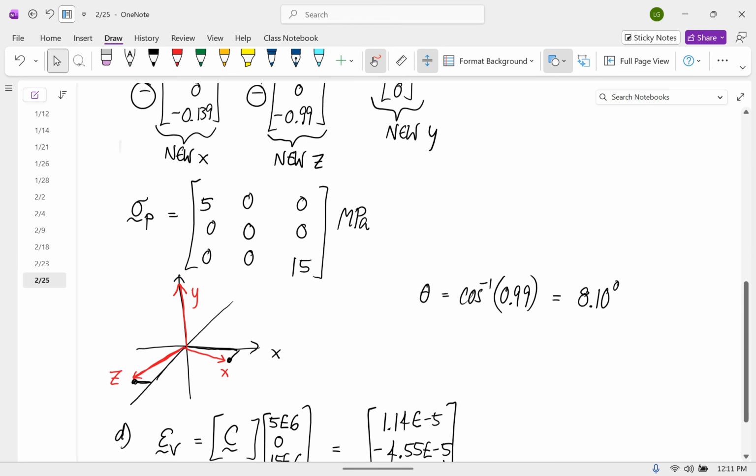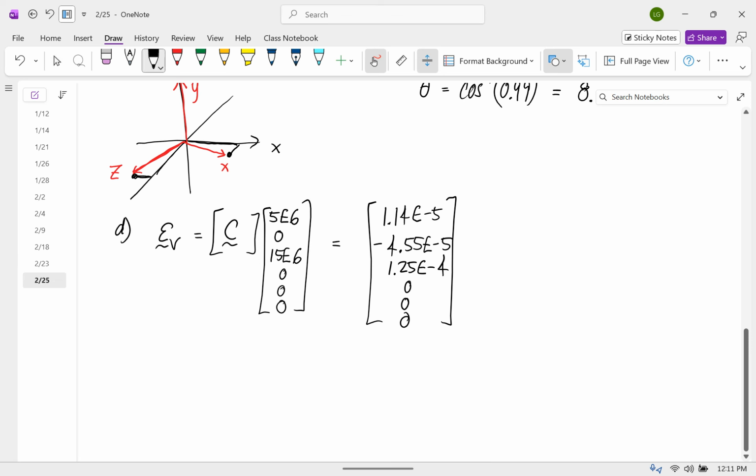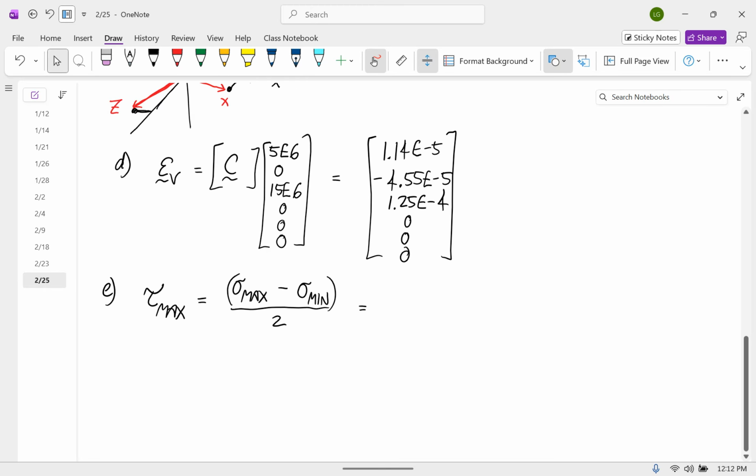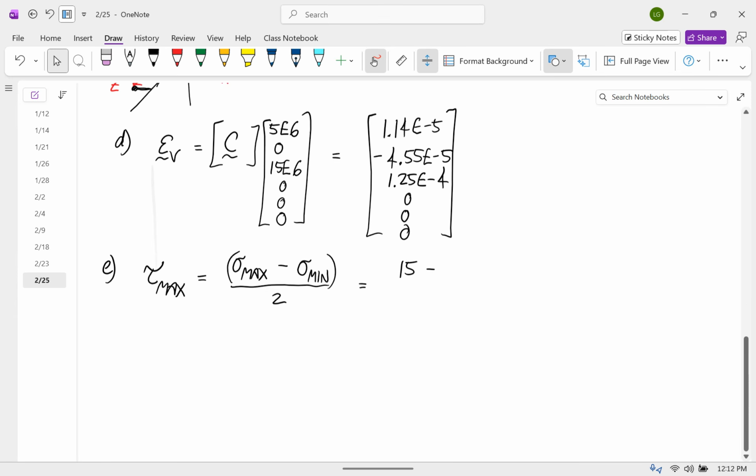What's the maximum shear stress? So the maximum shear stress is the maximum principal stress minus the minimum principal stress divided by 2. The maximum is 15. The minimum is 0.